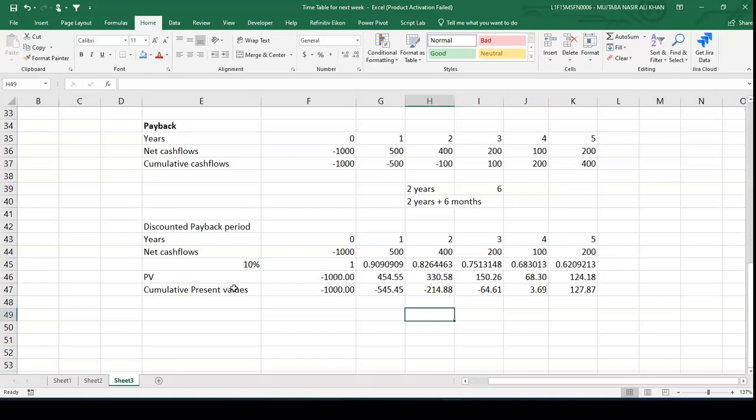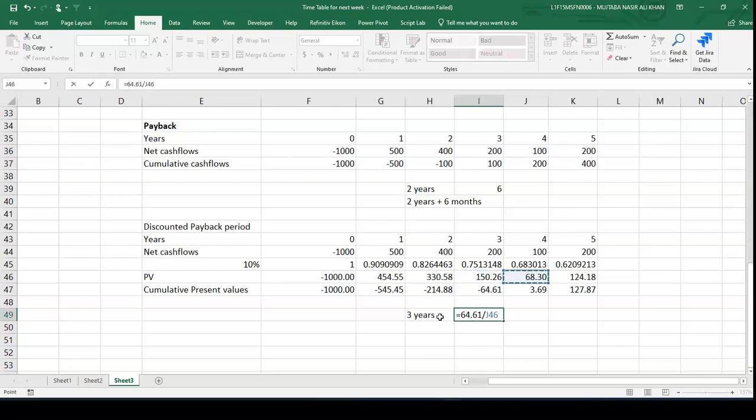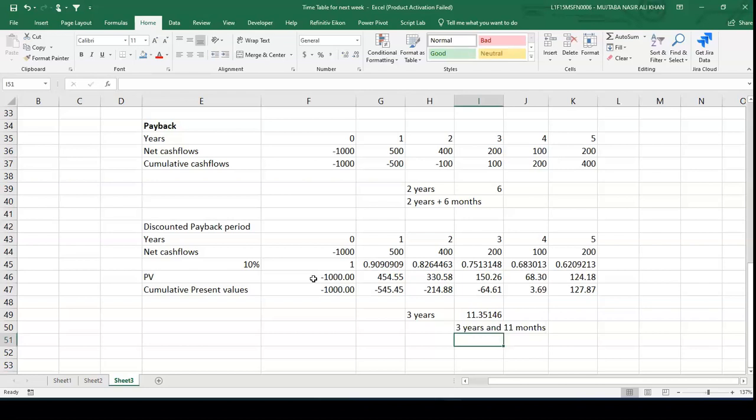So at the end of the third year, you need 64, but you got 68. So almost 4 years is the answer, guys. 3 years, let me calculate it. You need 64.61 divided by 68.30 into 12. So its answer is 3 years and 11 months. That's the answer. So in the discounted payback period, you need to calculate present value first, then you can calculate the answer.